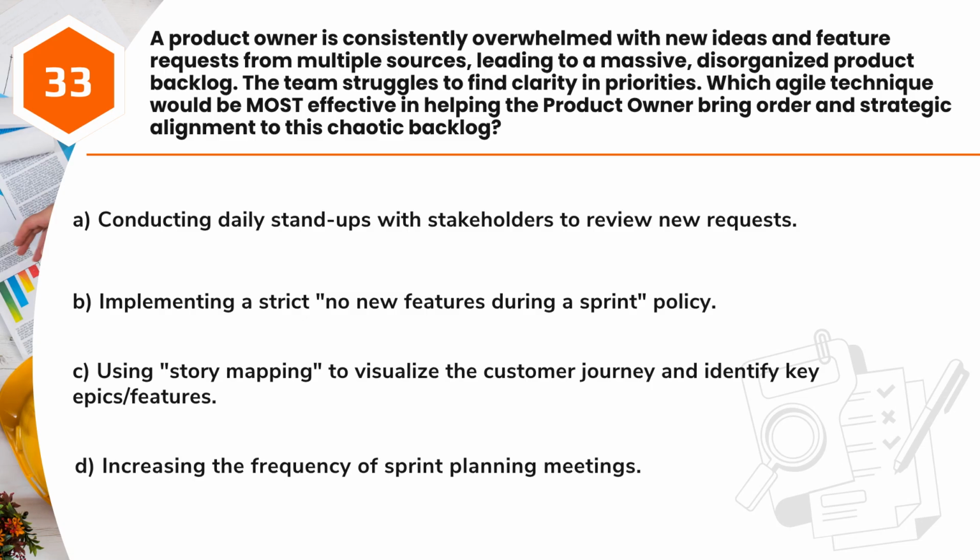A. Conducting daily stand-ups with stakeholders to review new requests. B. Implementing a strict, no new features during a sprint policy. C. Using story mapping to visualize the customer journey and identify key epics/features. D. Increasing the frequency of sprint planning meetings.